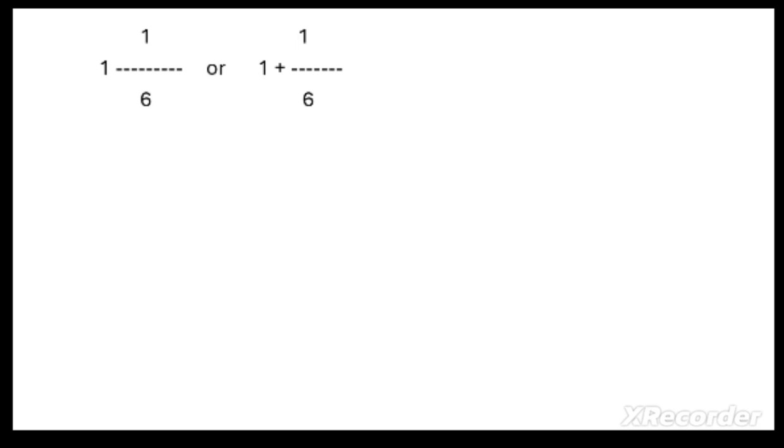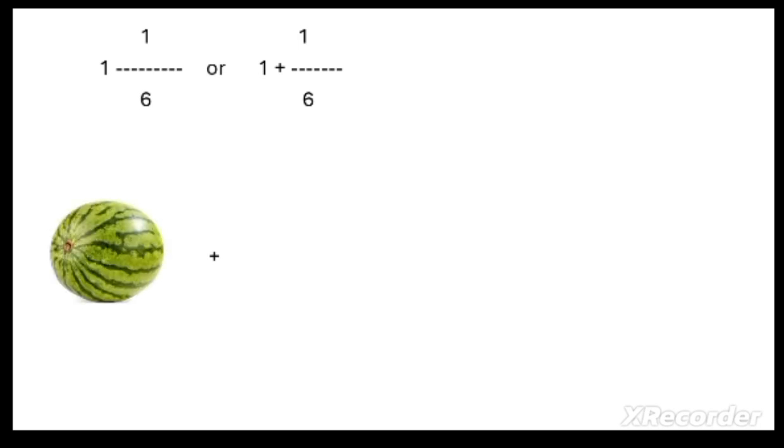Suppose there was a student, I gave that student 1 watermelon, a complete watermelon. Okay, this watermelon is in the whole form, it is in the complete form. And there was a second watermelon. Obviously, what will come after 1? 2 will come. Then there was a second watermelon.